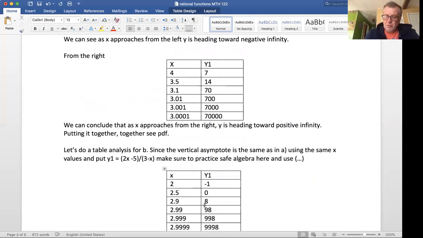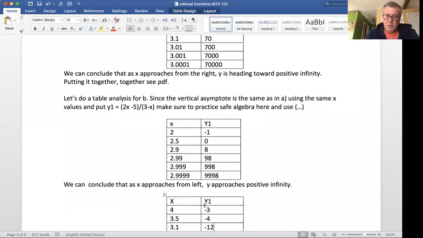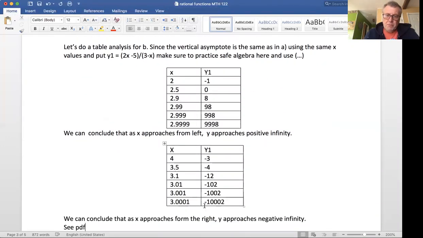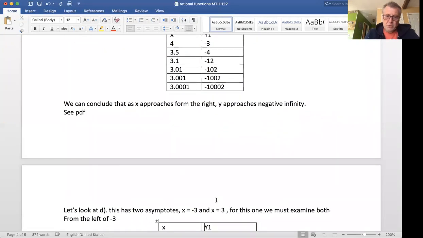So I approach 3 from the left and from the right. As I approach from the left, we can see it gets bigger and bigger, so it heads toward positive infinity. As I approach it from the right, we can see it gets smaller and smaller, so it heads toward negative infinity in terms of y.